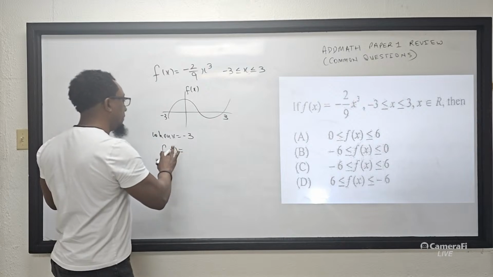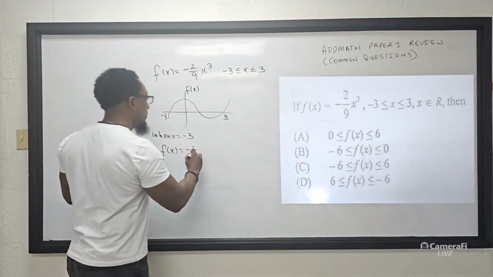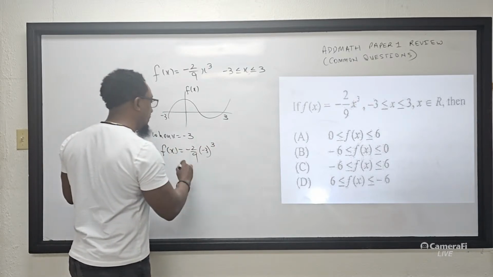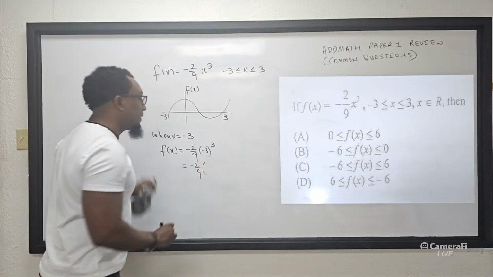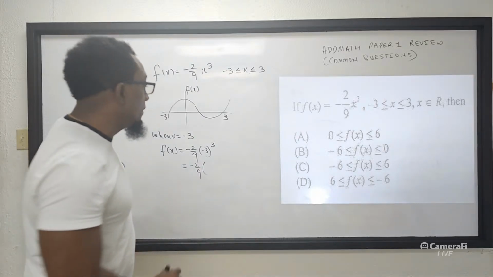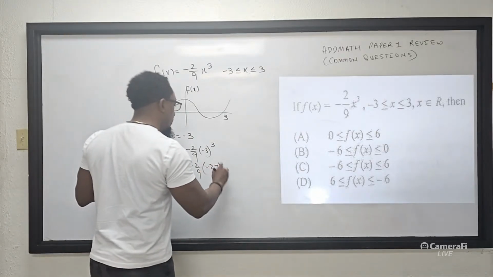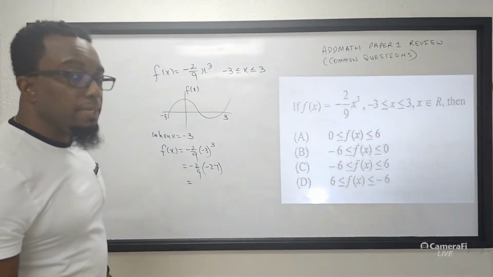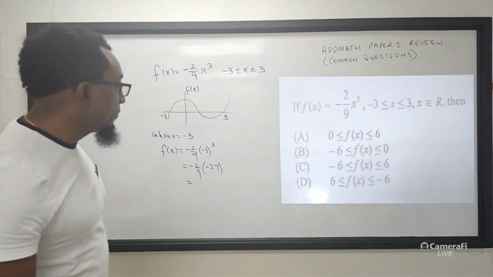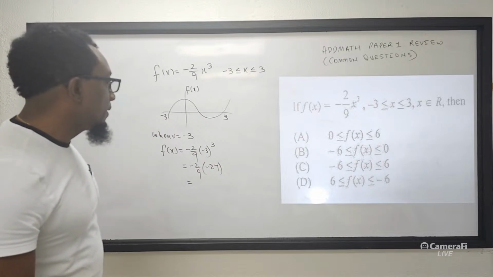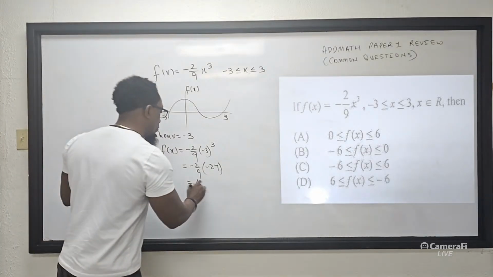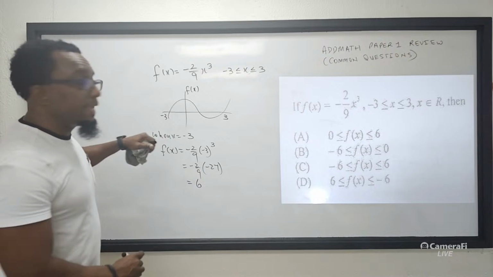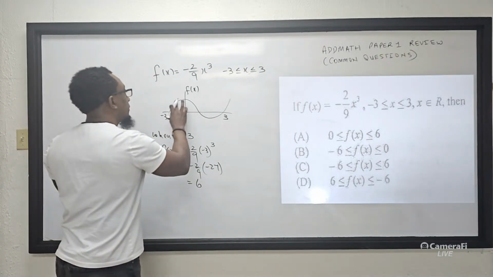F of x will be negative 2/9 times negative 3 cubed. Negative 3 cubed will be negative 27. And negative 2/9 by negative 27 will give us positive 6.